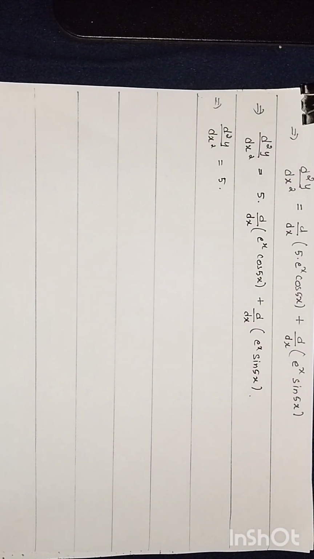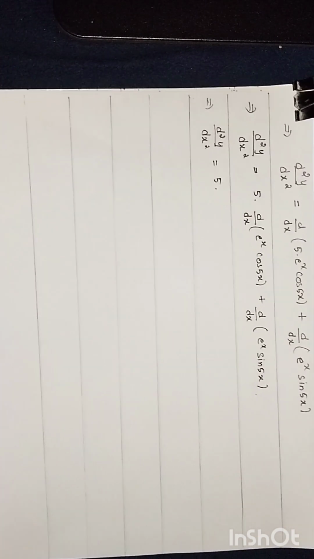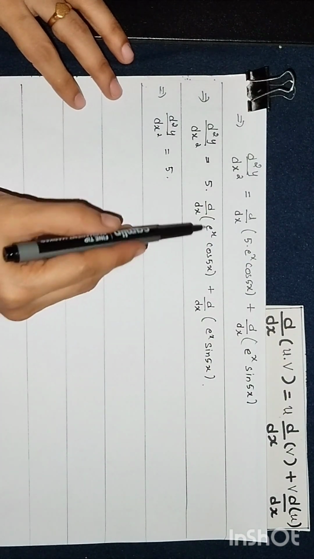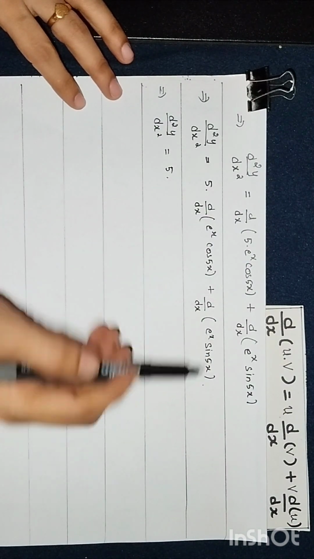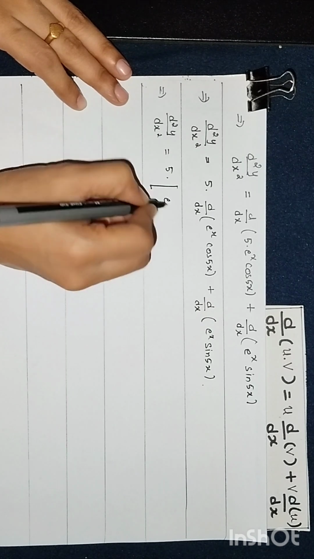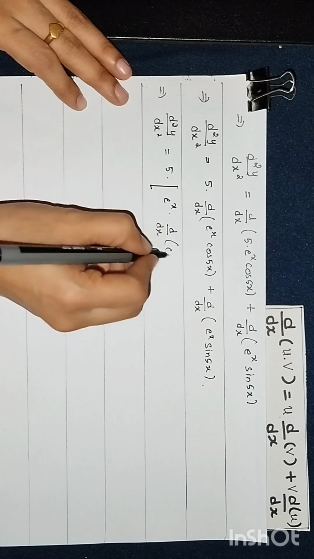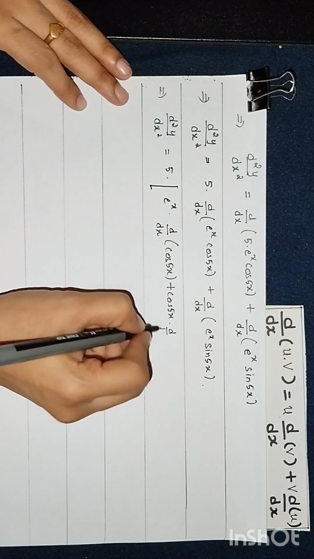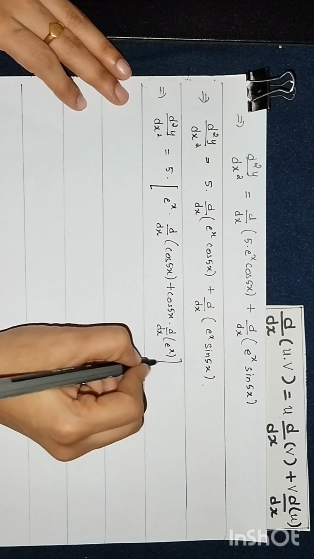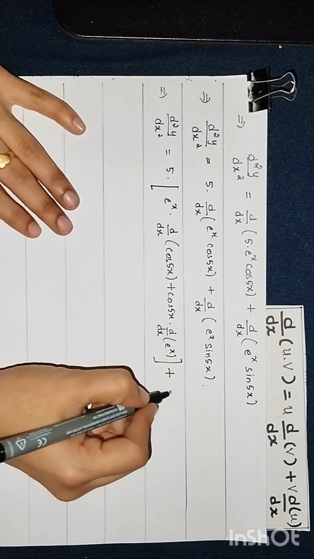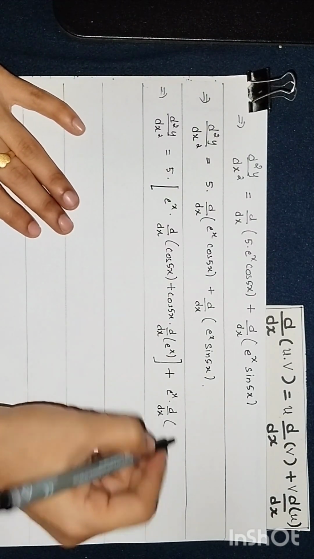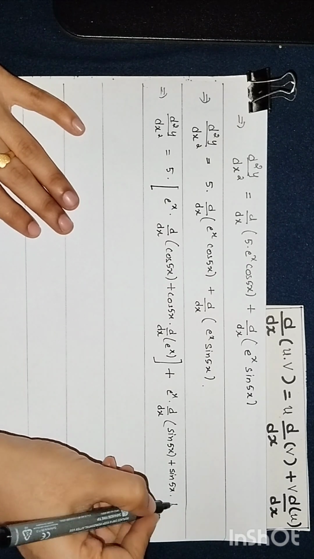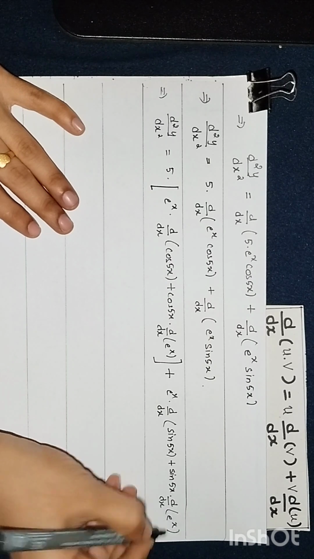We have to apply the product rule, uv rule. So we will get e power x d by dx of cos 5x plus cos 5x into d by dx of e power x, plus, again here, e power x into d by dx of sin 5x plus sin 5x into d by dx of e power x.